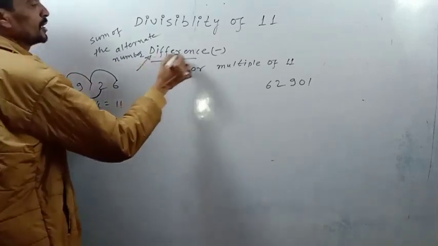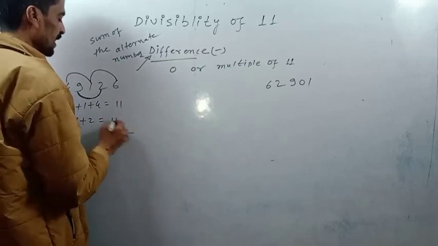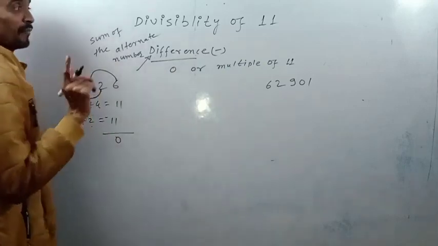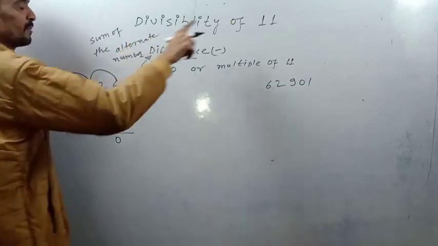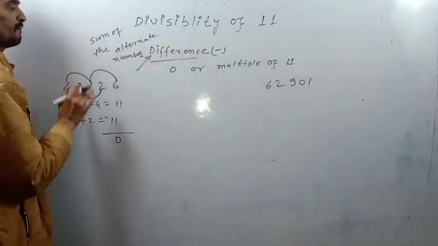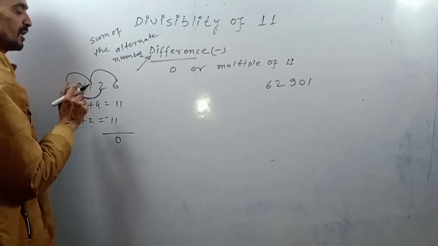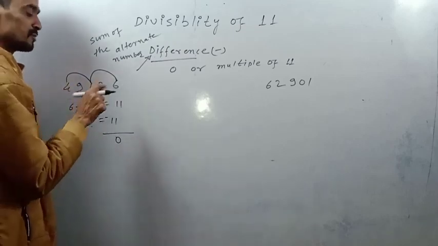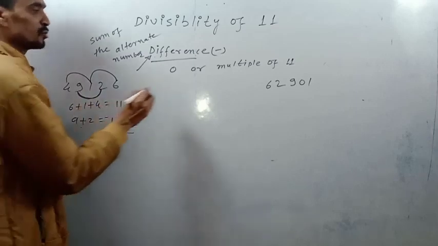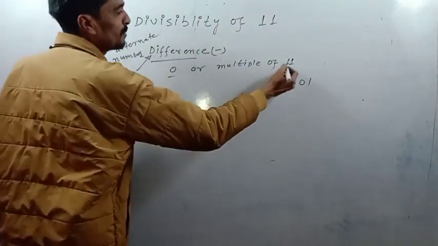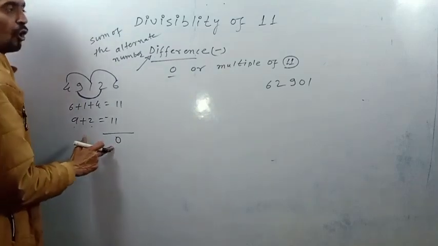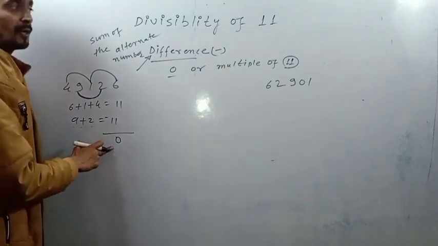Then you do the difference. Difference means minus: 11 minus 11 equals 0. First you do the sum of the alternate numbers, then you do the difference, and that difference should be 0 or a multiple of 11.